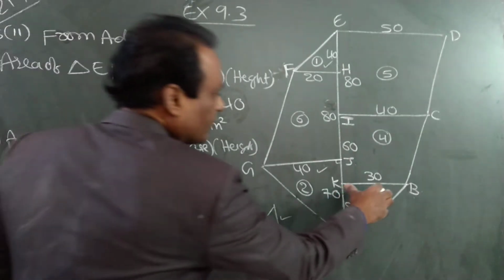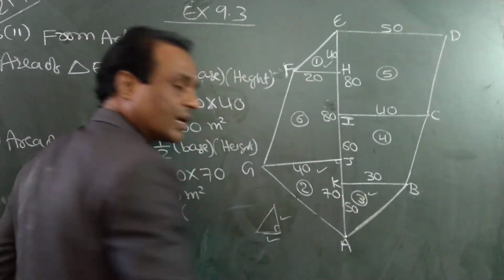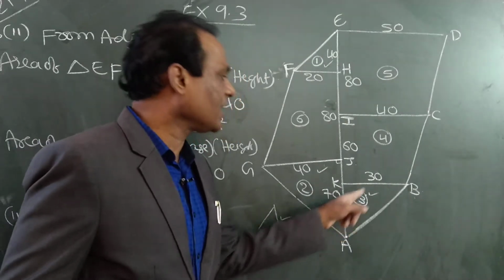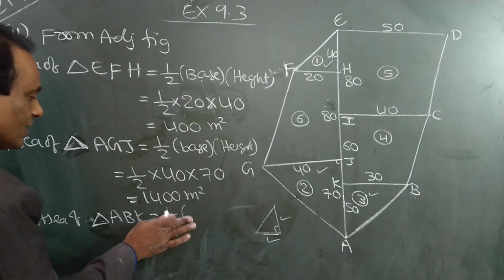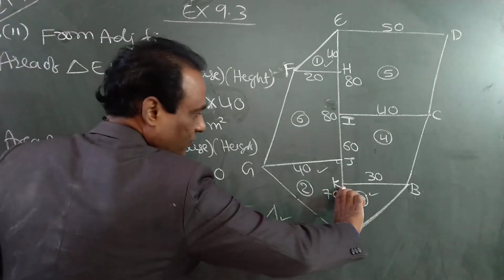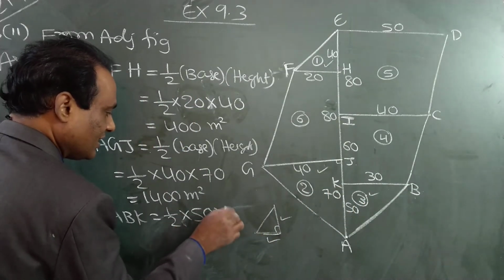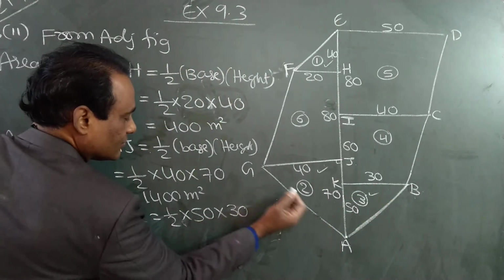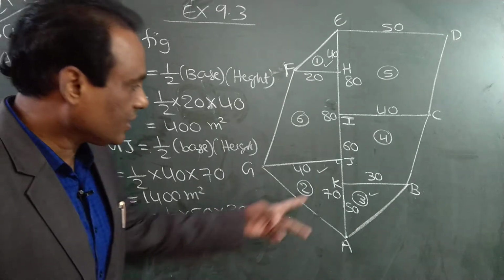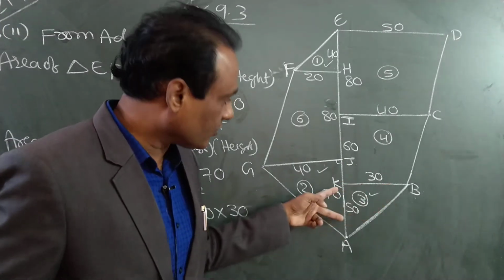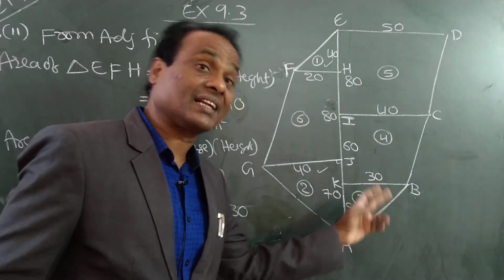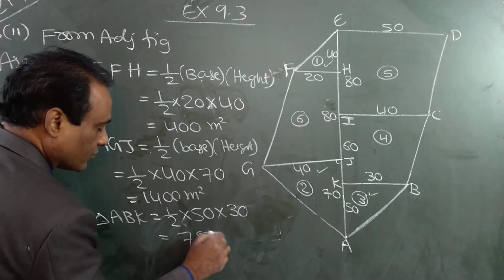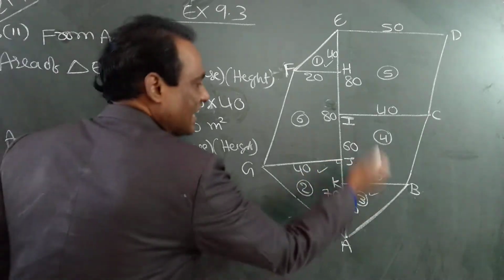So if 30 is the base, 50 will be the height, or 50 is the base, 30 will be the height. Half into 50 into 30. Half of 50 is 25, 25 times 30 is 750 meters square. We got this area also.